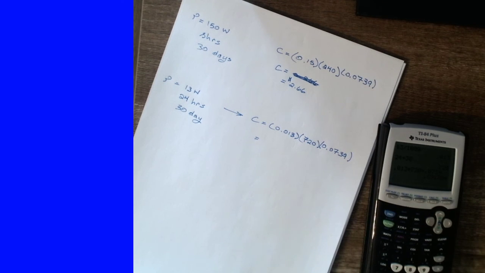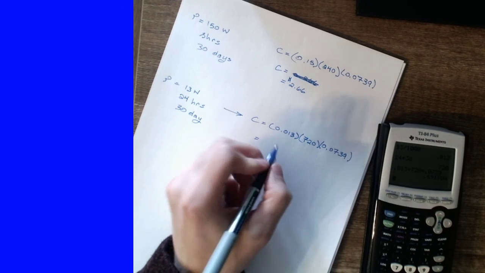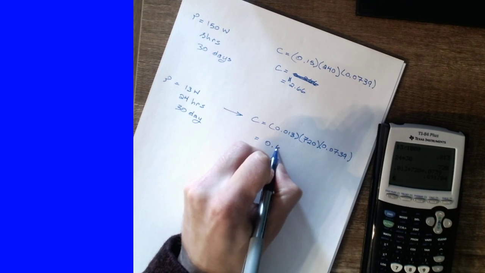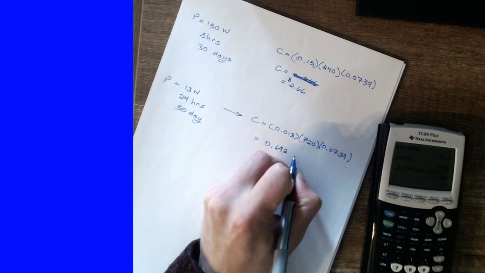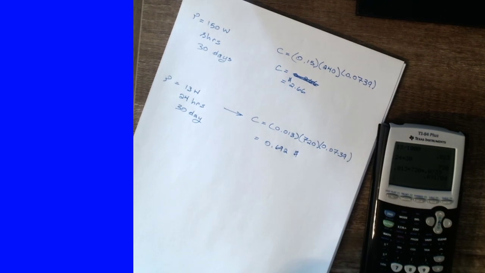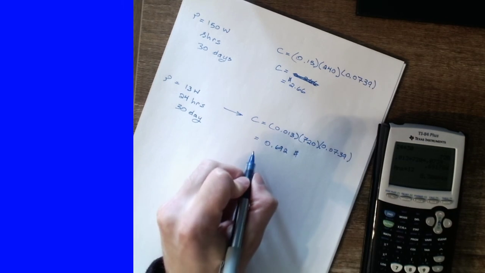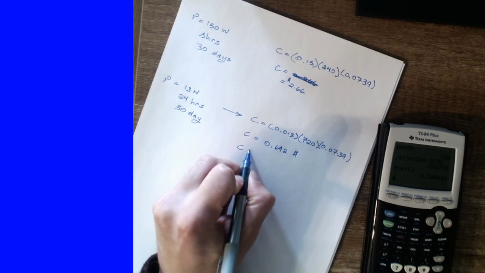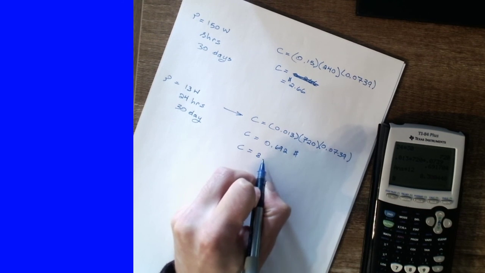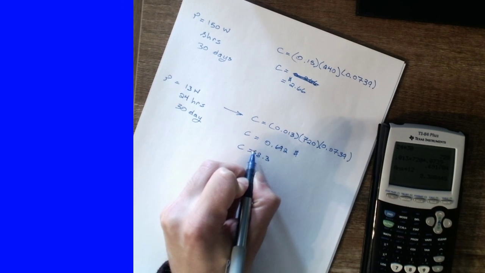So this instant on feature roughly costs $0.692 each month. On a year basis, we multiply that by 12 months a year, and we'll find that it's roughly $8 per year.